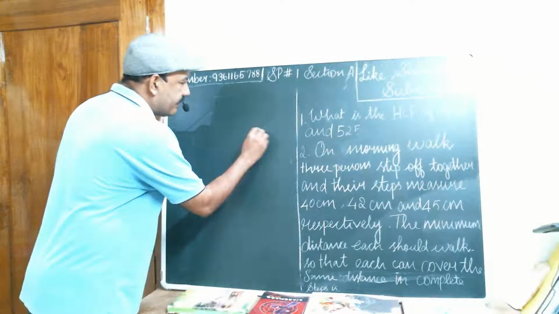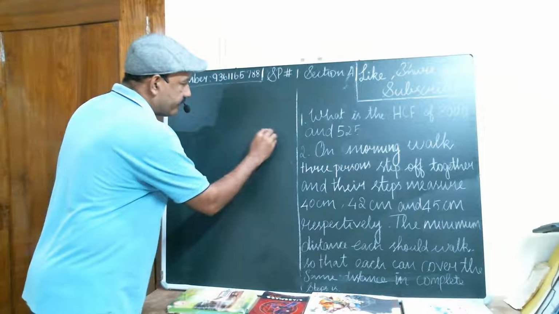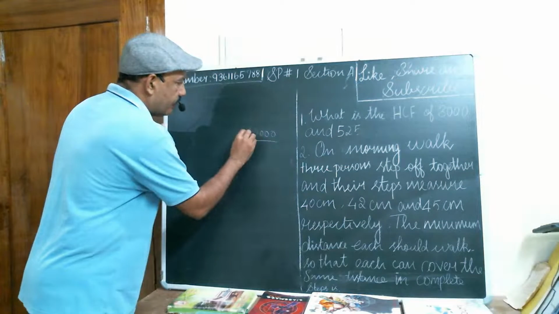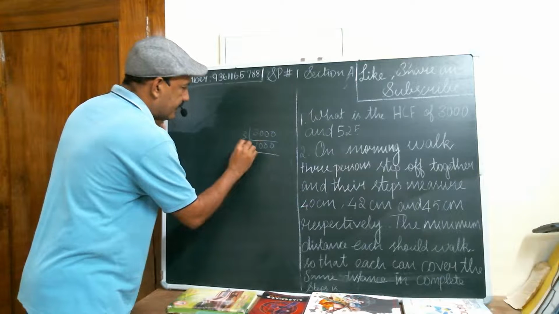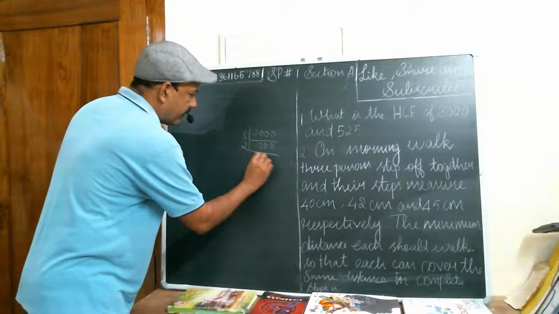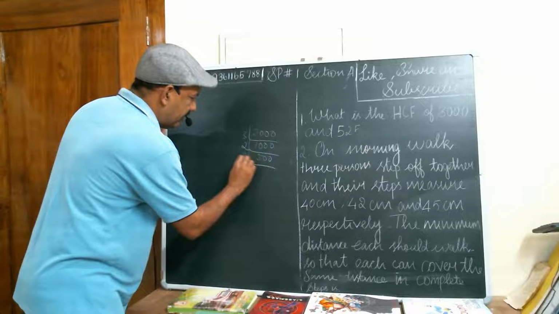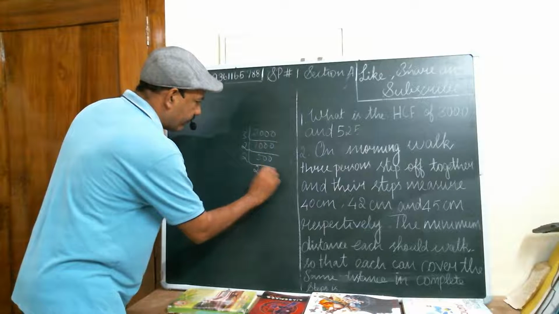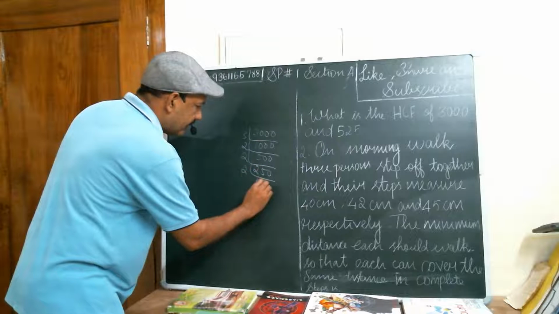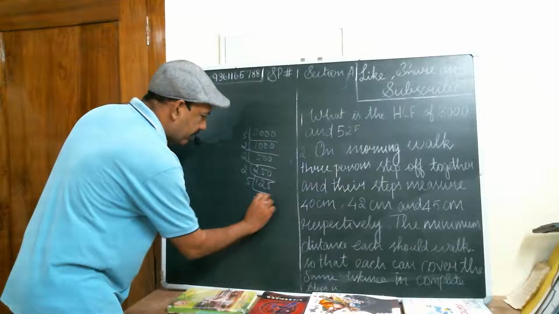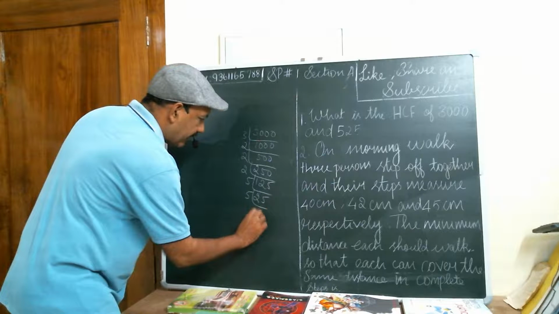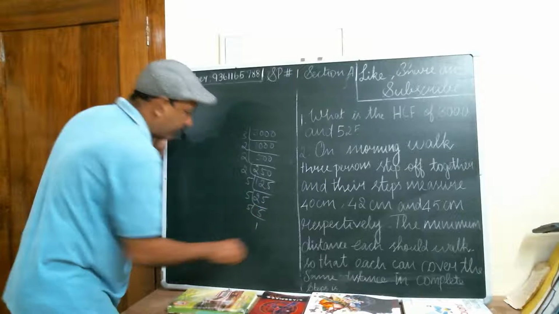If I try with 3000, it goes in 3 table, I'm getting 1000. It goes in 2 table, 500, 2 table, 250, 2 table, 125, 5 table, 25, 5 table, 5 and 5 table, 1.